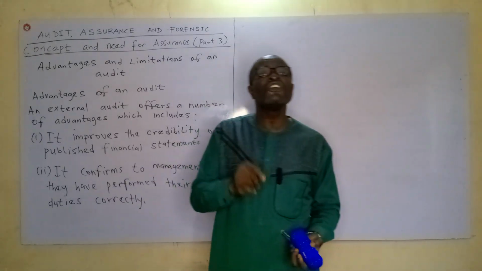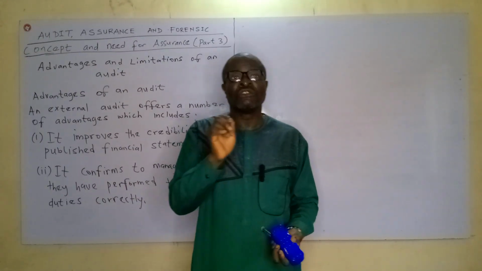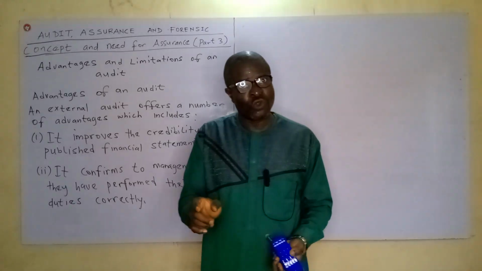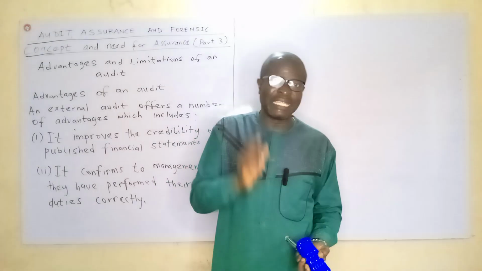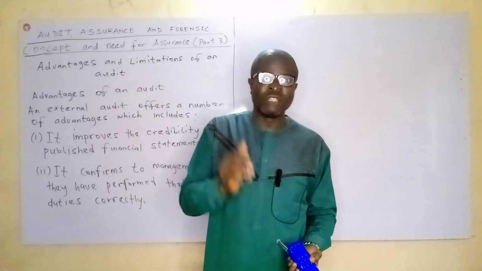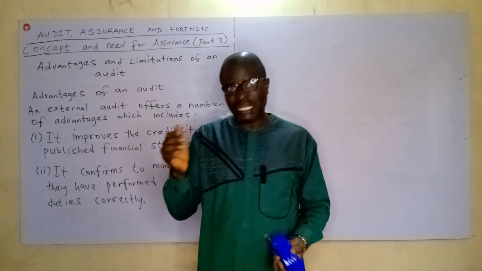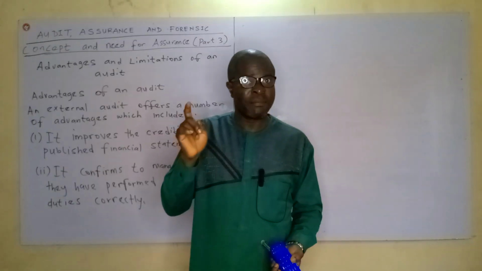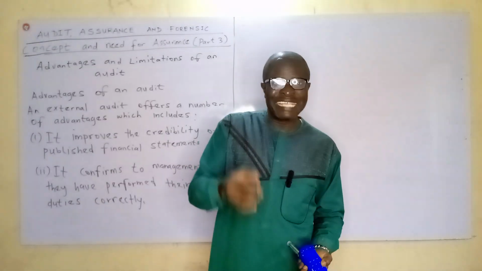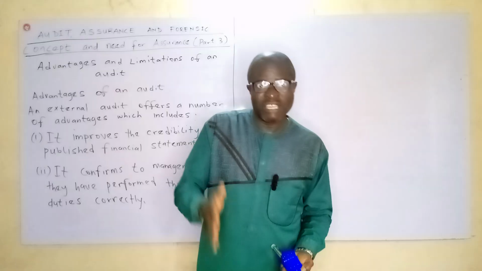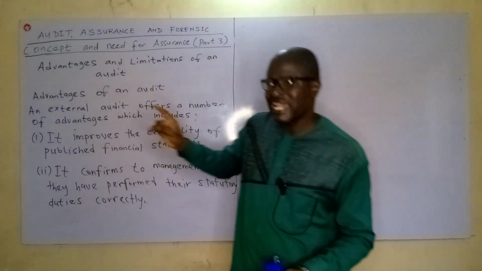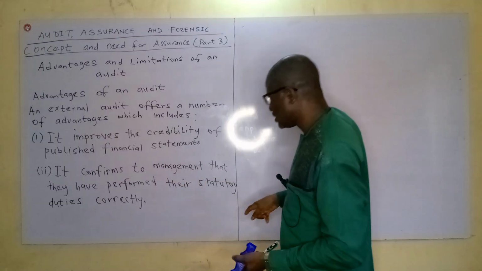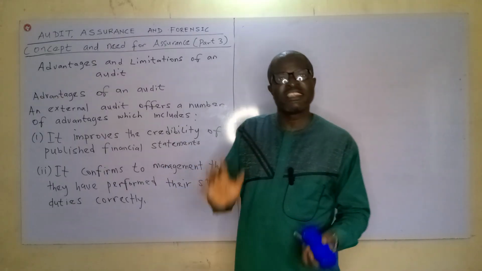It is also the duty of the management to design and implement an efficient system of internal control that will prevent and detect fraud that could lead to material misstatement of the financial statement. And it is also the statutory duty of the management to assess the going concern status of the company. So an external audit will confirm to management that they have performed their statutory duties correctly.